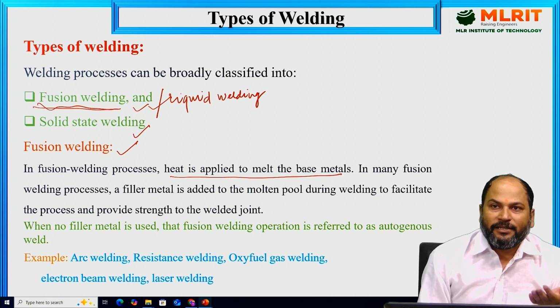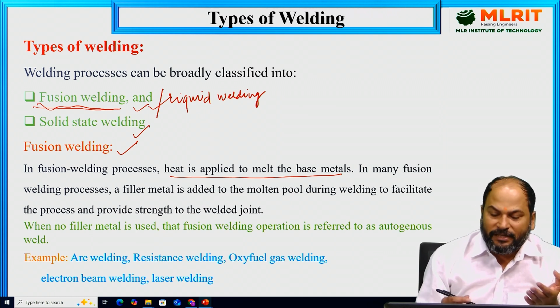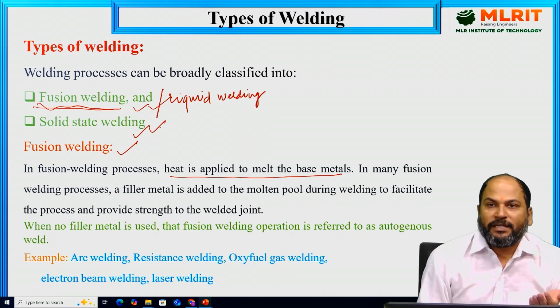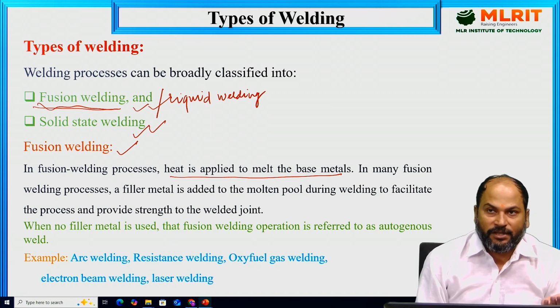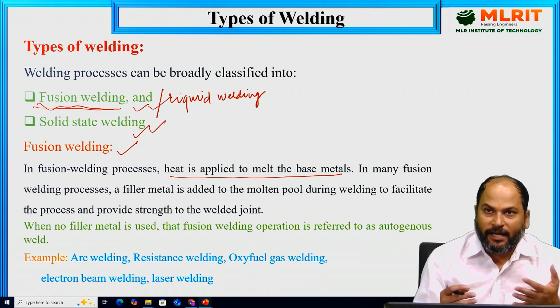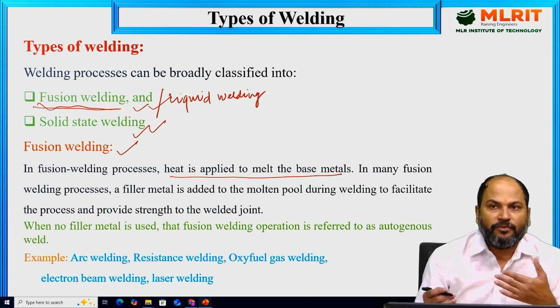In explosive welding, explosion will be there, and because of that we get the heat. So different sources are being used in solid state welding. In most cases, like friction welding and friction stir welding, friction will be the main source of heat to weld the material. So this heat source may come through different ways that will produce heat to weld the material.